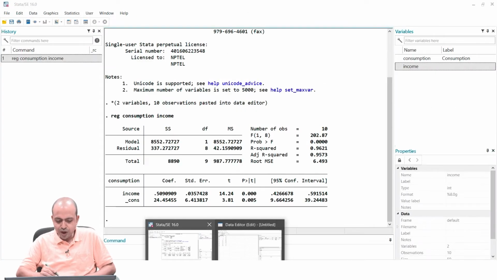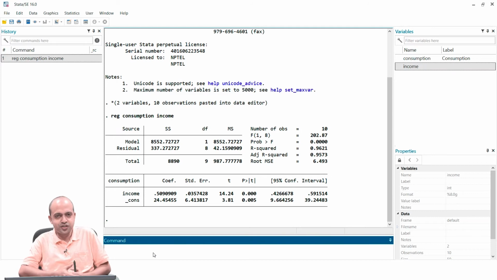So, if you want to take the decision based on the T statistic, what you have to do? You have to take the calculated value, compare it with the tabulated value, and based on whether your calculated value is greater than the tabulated one or not, decide whether to reject your null or not. But Stata has made our life simple by supplying an additional information.